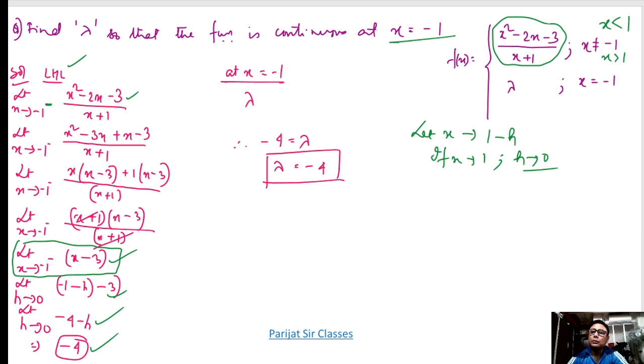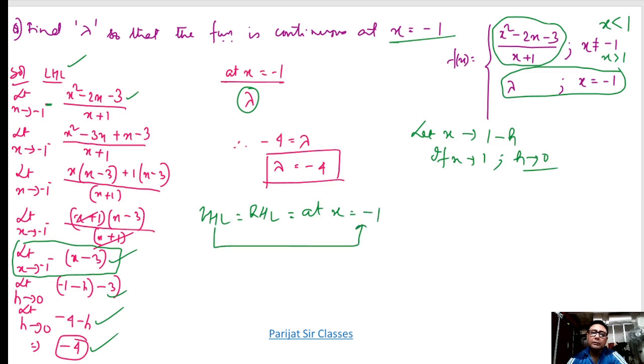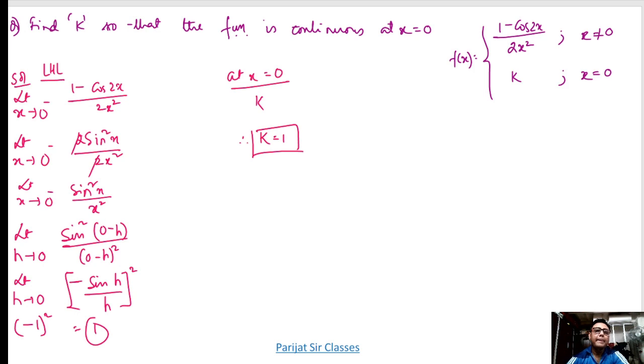Similarly at x equal to minus 1 they have given it is lambda, and since the function is continuous, left hand limit equal to the right hand limit equal to the value at x equal to minus 1. So using this part we get lambda is equal to minus 4.